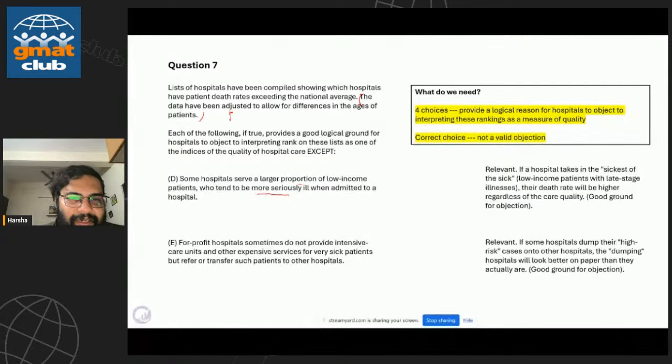If a hospital has a tendency to take in people who are more seriously ill, there is absolutely a chance that the death rate will be higher. The people you're taking in have a higher chance of dying than in some other hospital, so you will end up having a higher death rate. That again makes these rankings kind of useless, because there's a lot of bias in that list. So this also is a good ground for objection.